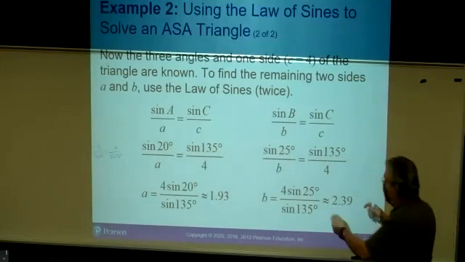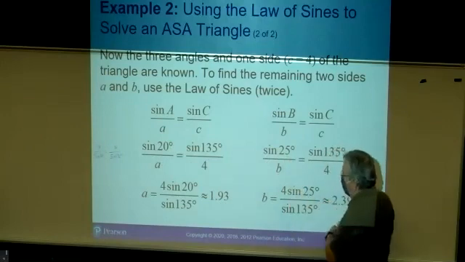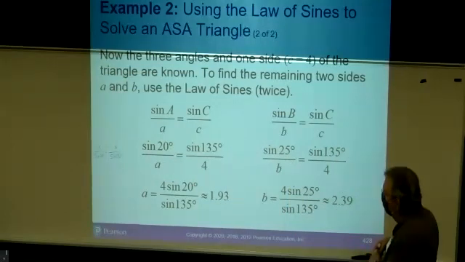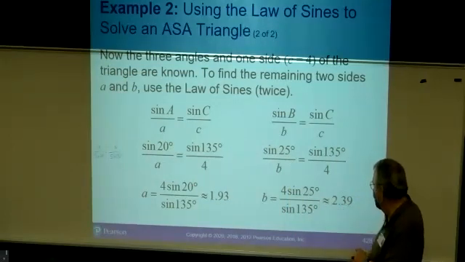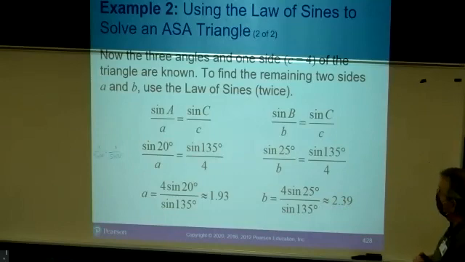And you could do the same thing here. And so all you would have to do is multiply both sides by the sine of 40, sine of 25, and that would give you this. And then just punching it into the calculator and rounding to 2 decimal places gives you what they have there.